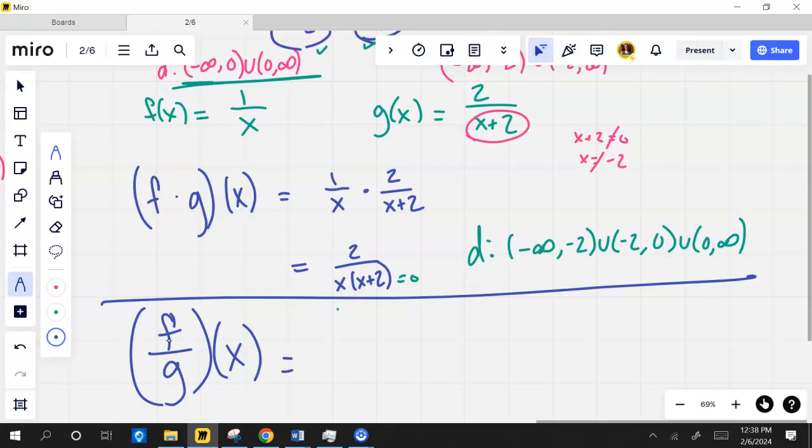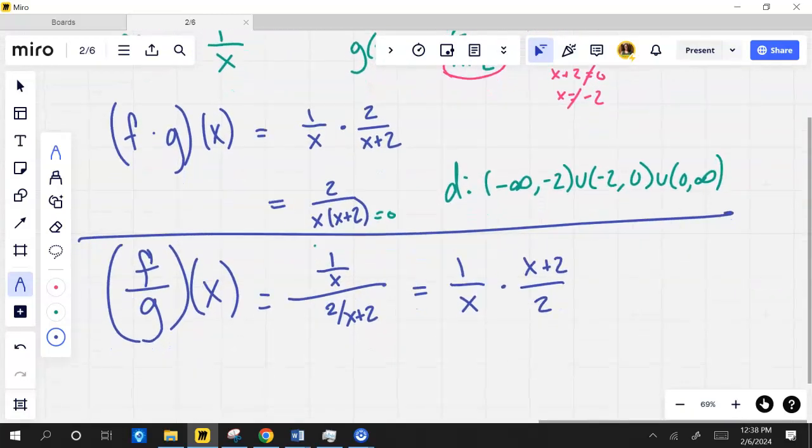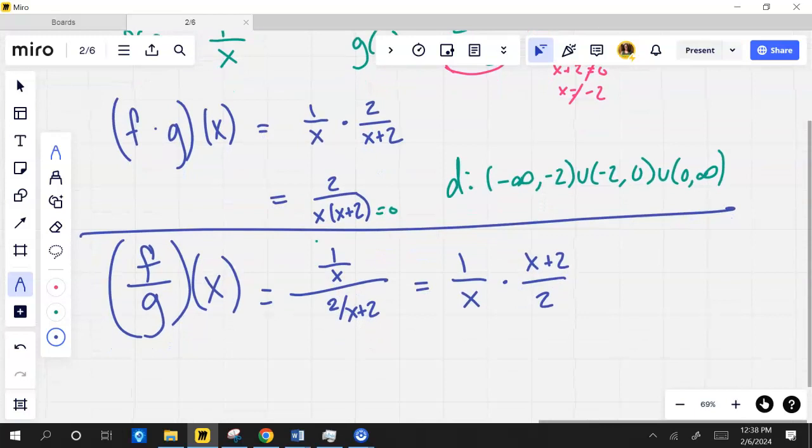You have one fraction over, but you know how to do that because we did complex fractions. I've got 1 over x times x plus 2 over. Why? Who told you that nonsense? I told you we weren't doing that.